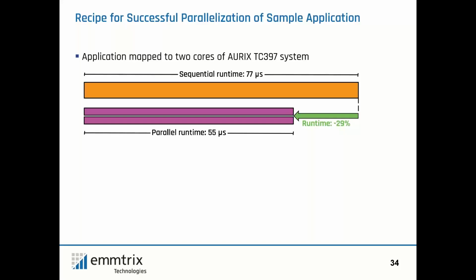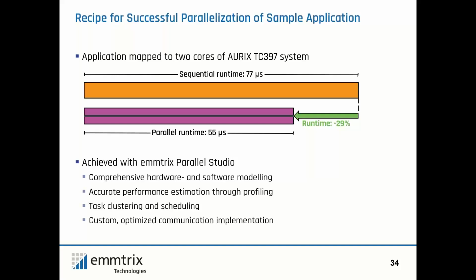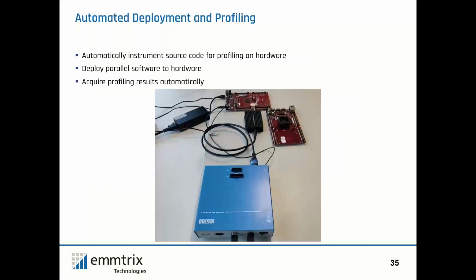So achieving a runtime reduction of 29% was actually quite good. This was achieved with MTrix Parallel Studio with comprehensive hardware and software modeling. What we had to do was accurate performance estimation through profiling. We did task clustering and scheduling, and used a custom optimized communication implementation that was optimized for word size transfers.